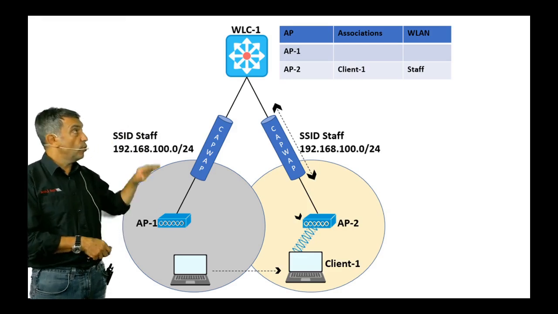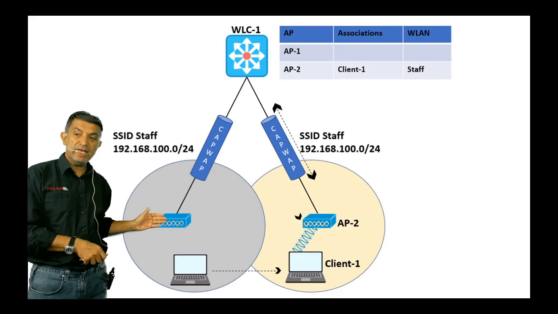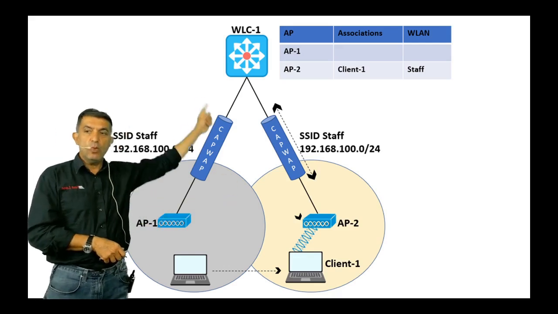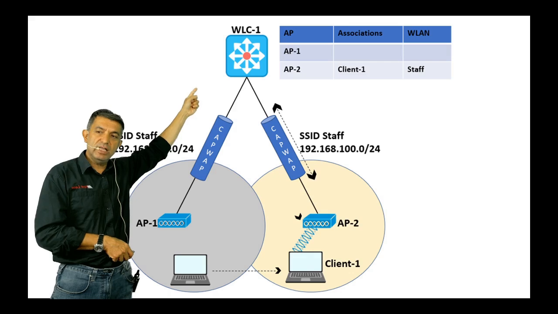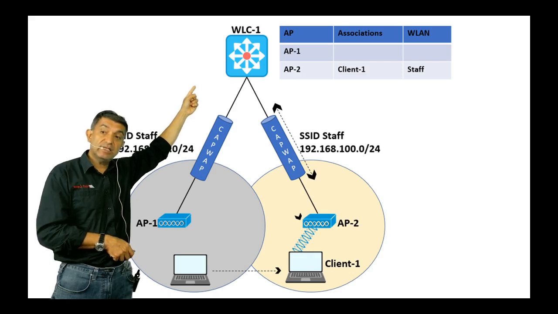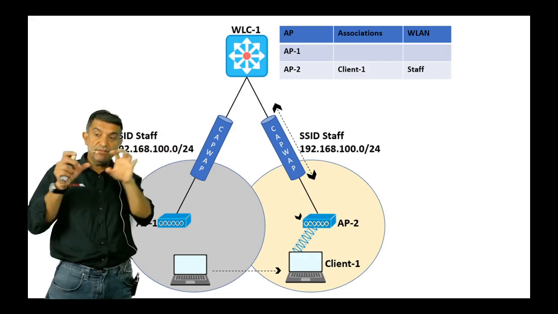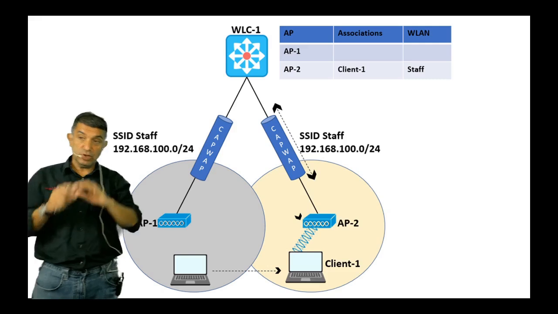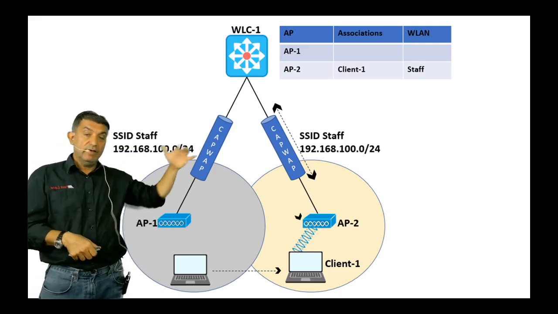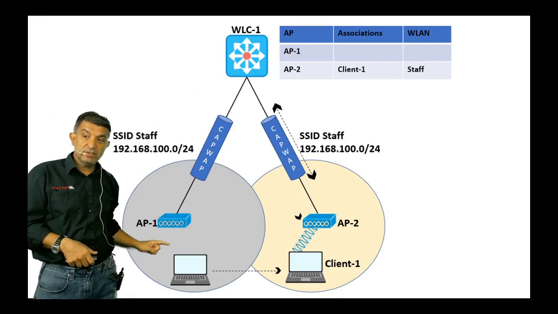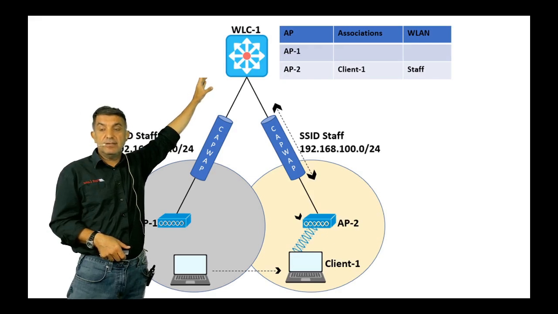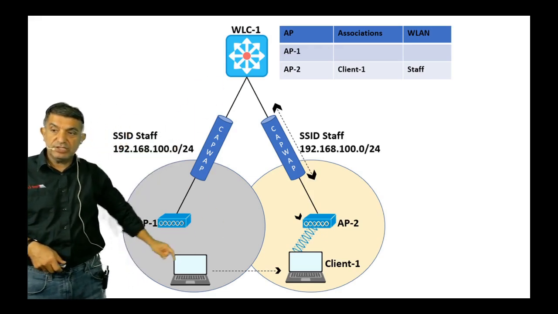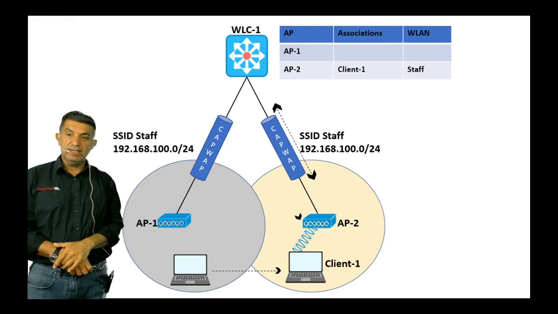But the APs are managed by one single device, one single instance. This single instance could be two or three different hardware modules as a cluster, but from the view of the client-to-AP connection, I have one instance which is responsible and controlling the connection of the wireless client.